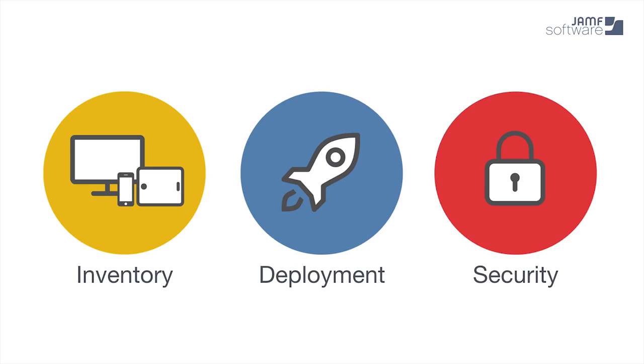You want to be able to have a consistent process for when you bring on new employees or when you have new students come in at the beginning of the year, so that they have the devices they need and it's all set up with everything. And of course, security. That's the ability to meet your organization's compliance needs. There are so many different compliances out there and a number of security settings for both the Mac and iOS devices, and we want to be able to manage all that together.